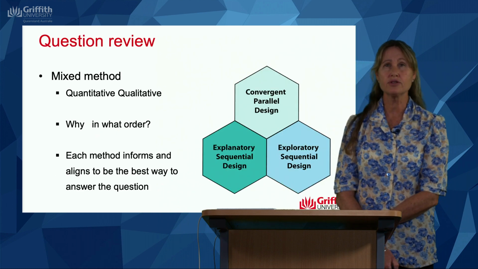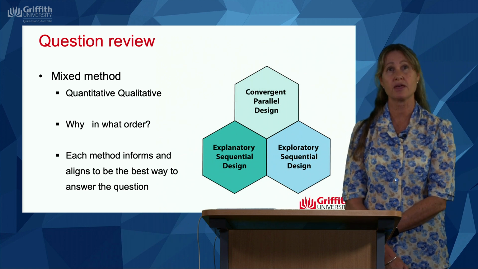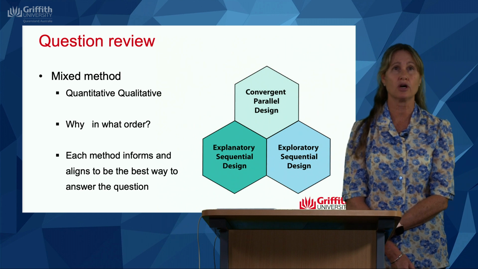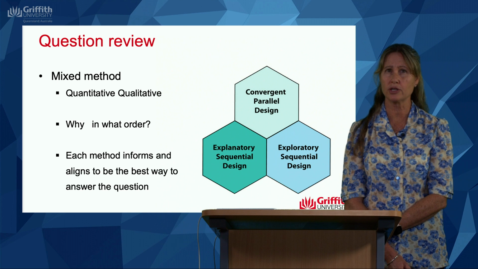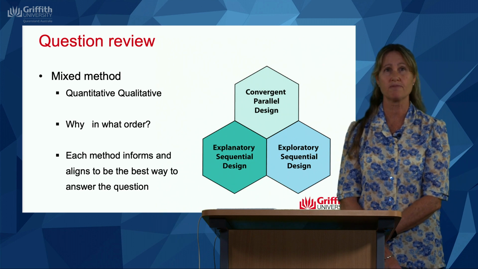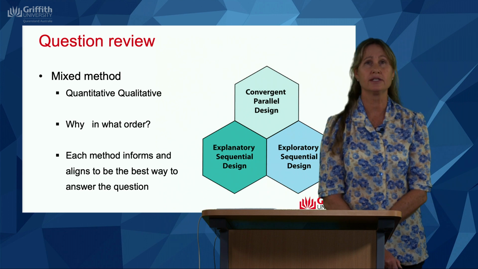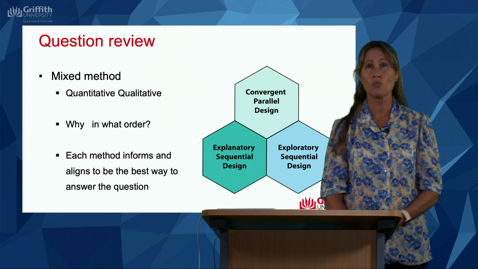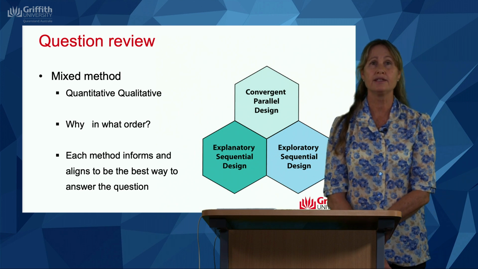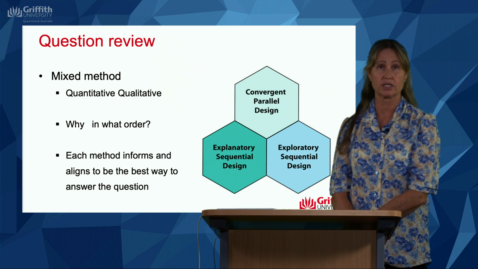So when we looked this week, this was specifically focused on mixed method, which is a combination of quantitative and qualitative. We talked about why you might do the two different types of methods and in what order. The main thing to consider is that each method informs and aligns with the other, and it is done in a way to best answer the research question.